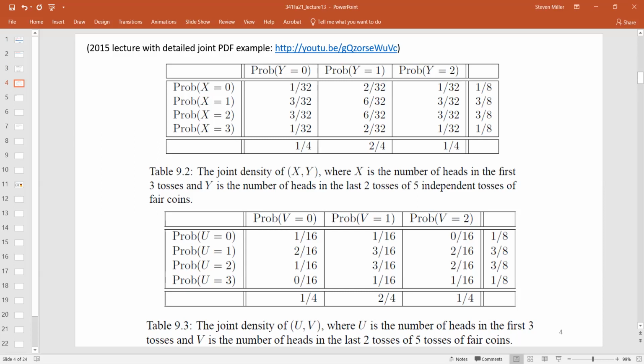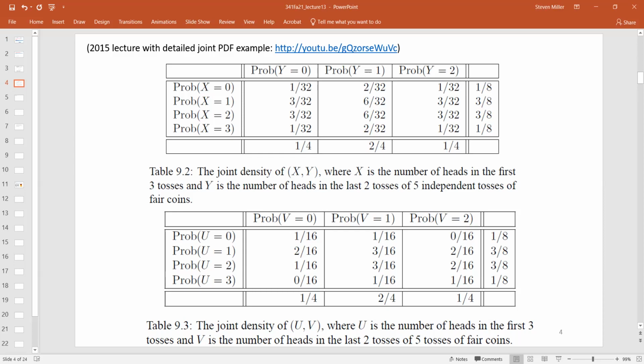And so if they are independent random variables, then the probability of x1, x2 is the probability of x1 times the probability of x2. How do I calculate the probability of something? Well, if I want the probability that y equals 0, I just add everything in that column, because I don't care what x is, I just care that y is 0.